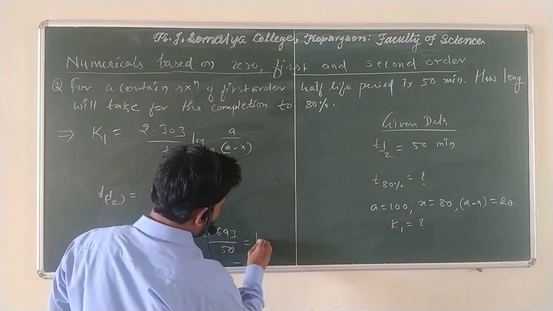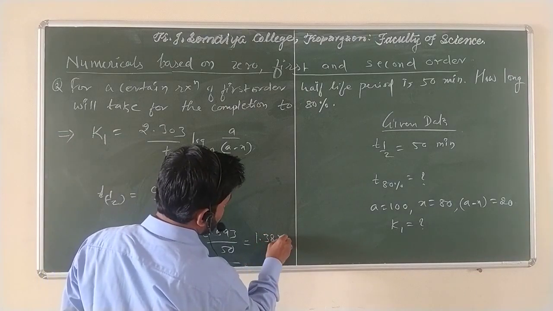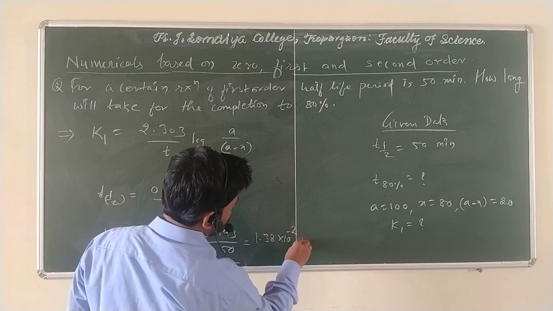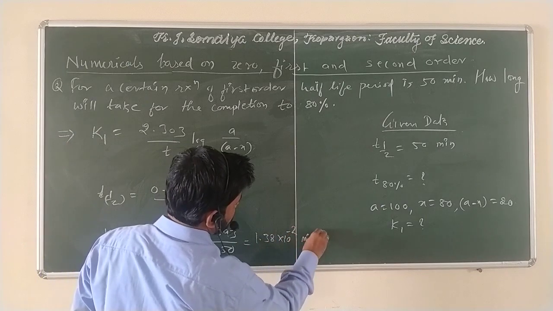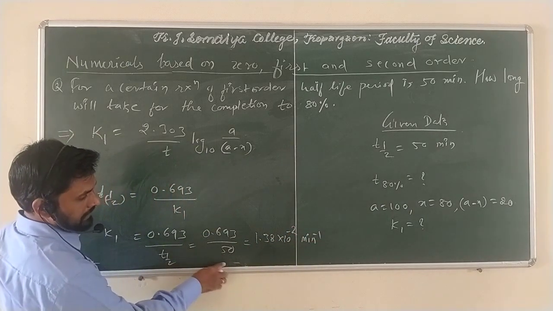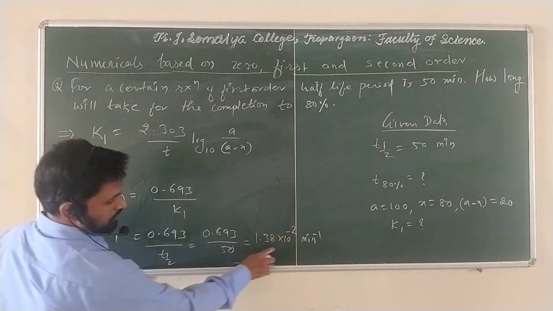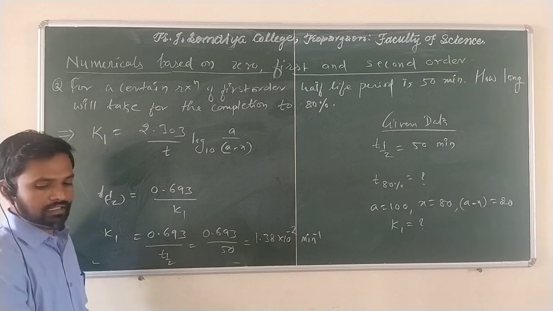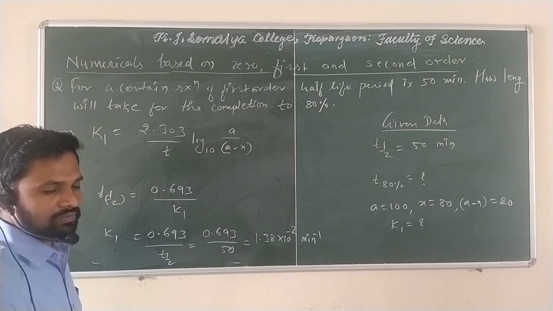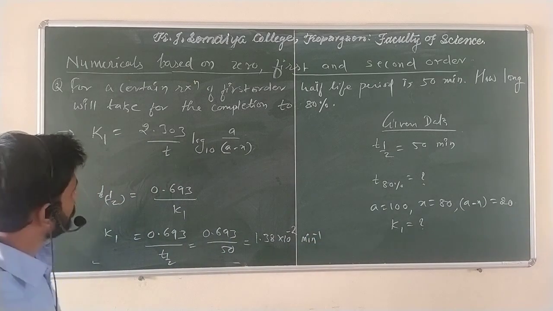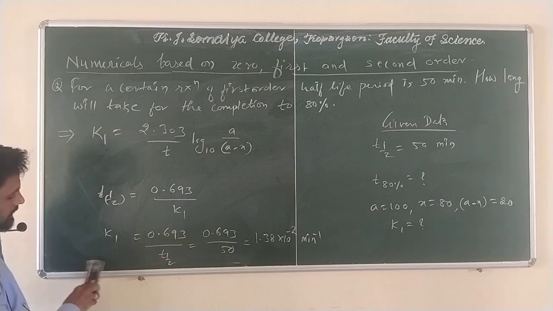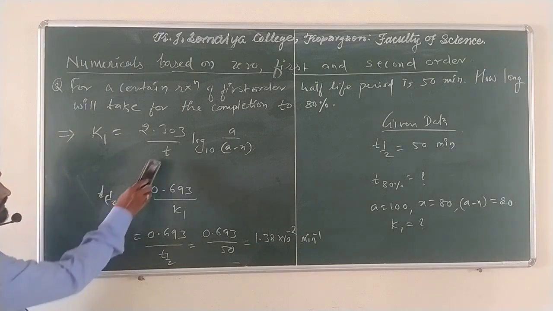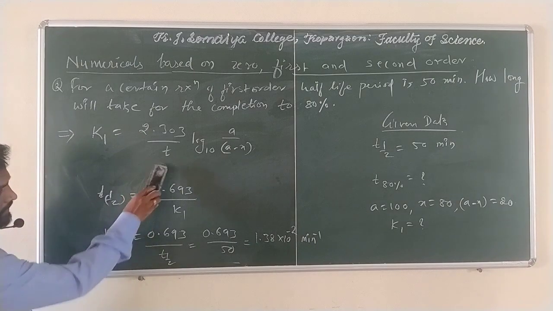K1 equal to 1.38 into 10 raised to minus 2 per minute, because time is already given in minutes. Therefore, K1 equal to 1.38 into 10 raised to minus 2 per minute. Now, what do we have to calculate? First we calculated K1 because K1 is required for this time calculation.